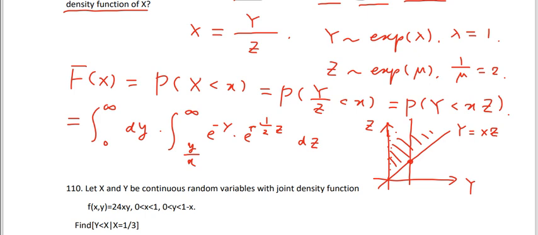We take e to the negative y to here, 0 to infinity. Okay. So then this integration.